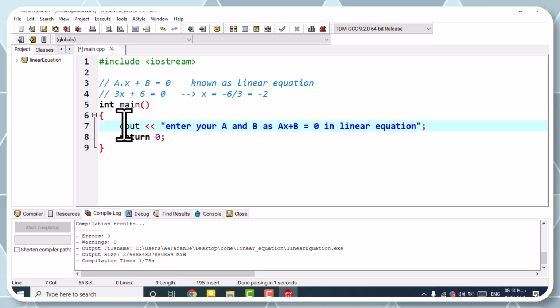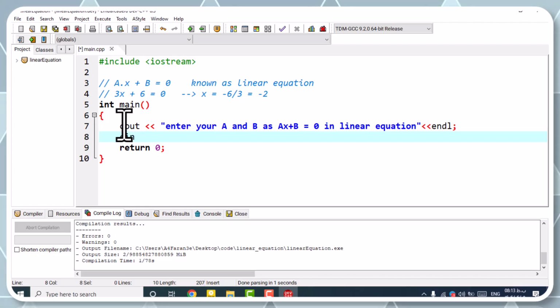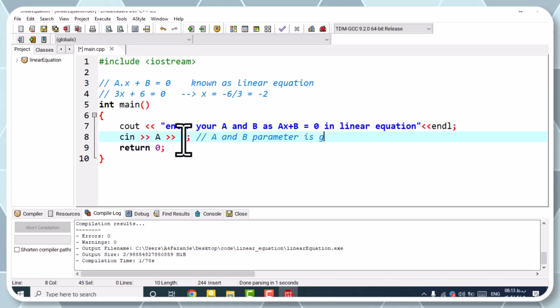And next line, or endl. And we want to get the parameters A and B sequentially. So A and B are given from the user here. So we can write cin A and B parameters, given from the user.